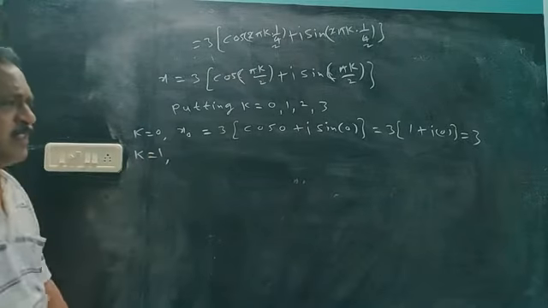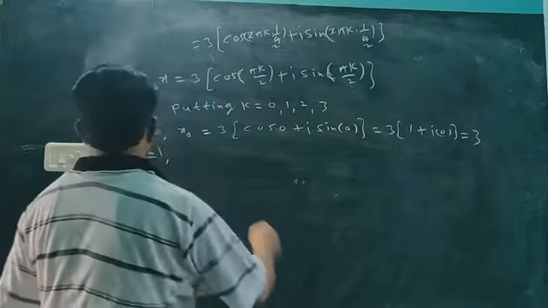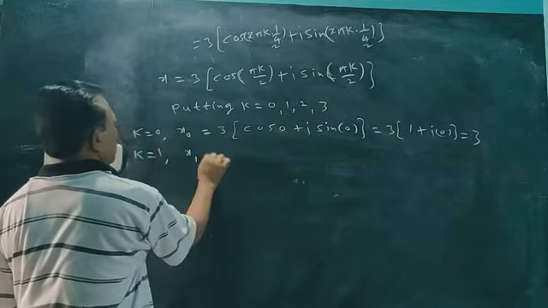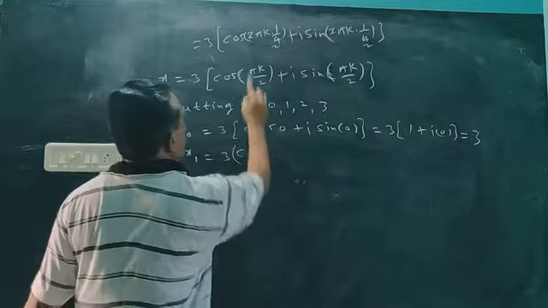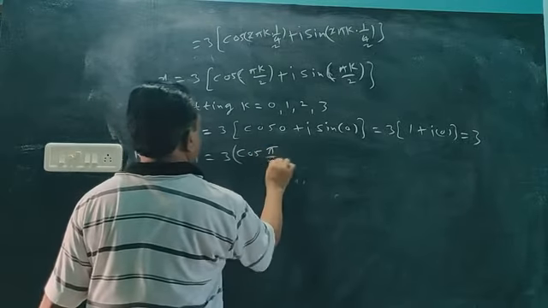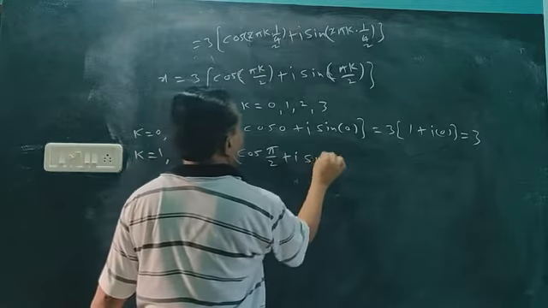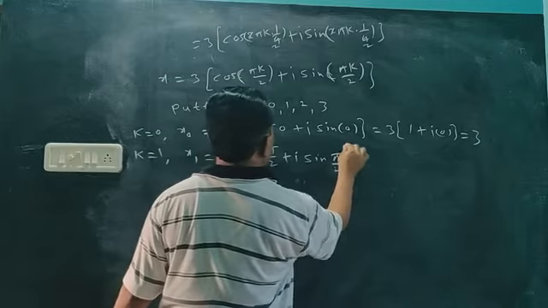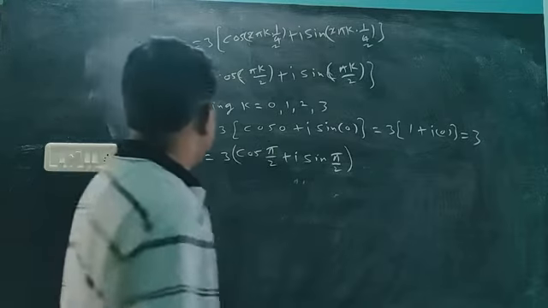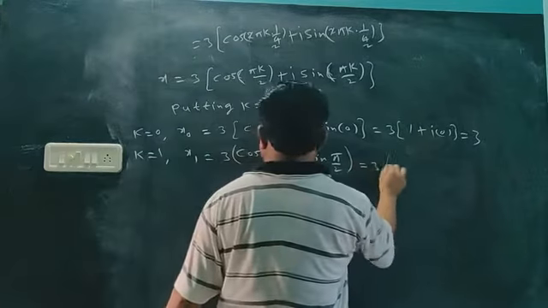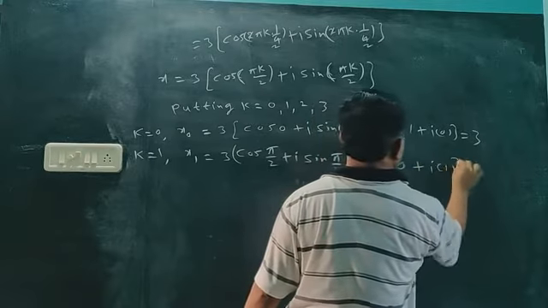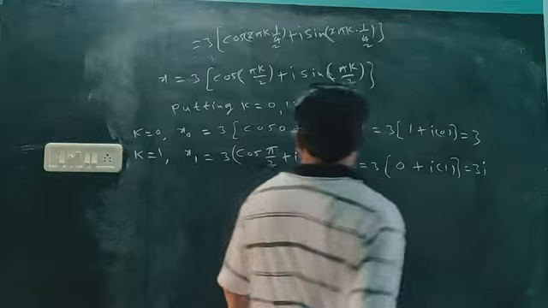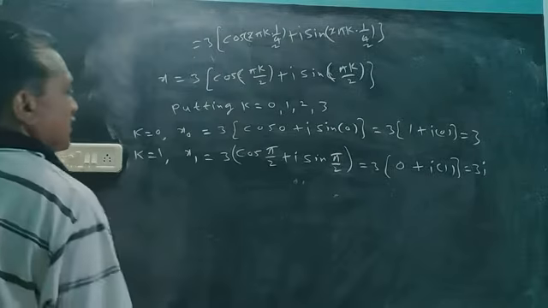The other 3 answers are: k equal to 1, x1 equals 3 times cos of pi by 2 plus I sin pi by 2. So cos 90 is 0, sin 90 is 1. So 3i is the second answer.